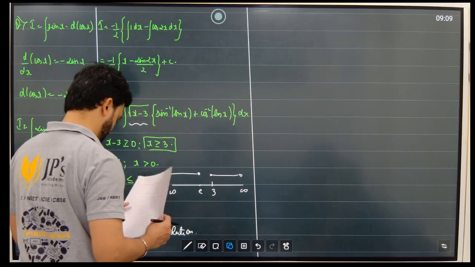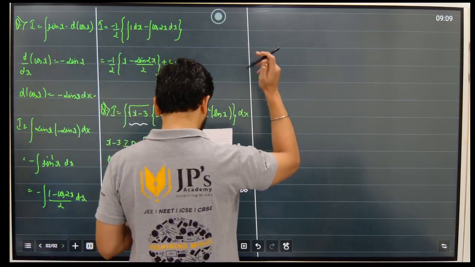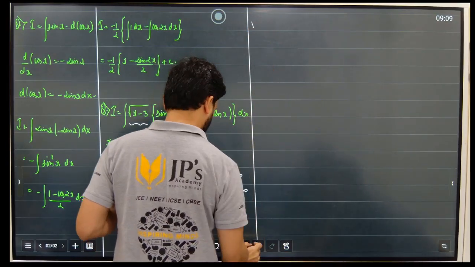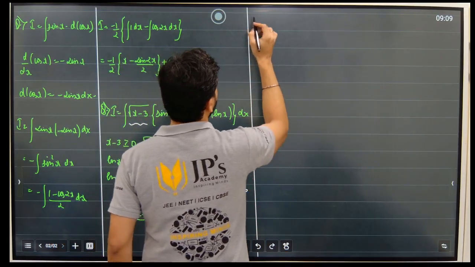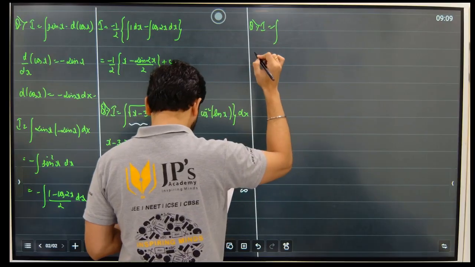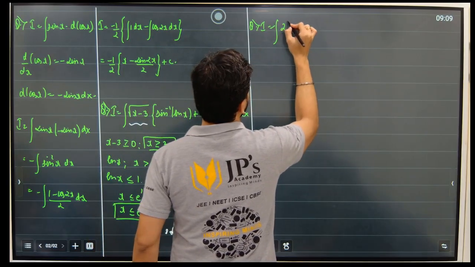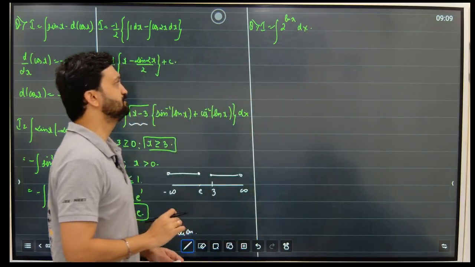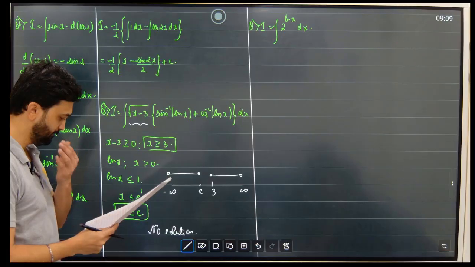Okay, next. The question is: I is equal to integration of 2 raised to ln x dx.